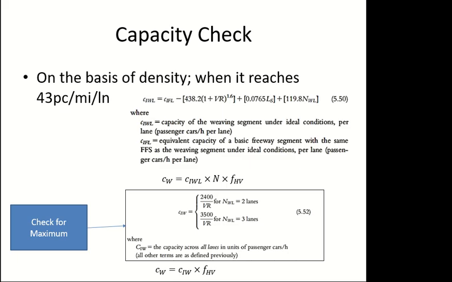Now these values are per lane. Once you calculate these values per lane, you will multiply with the number of lanes for the whole segment. The lanes include all the lanes, including the auxiliary lane as well.